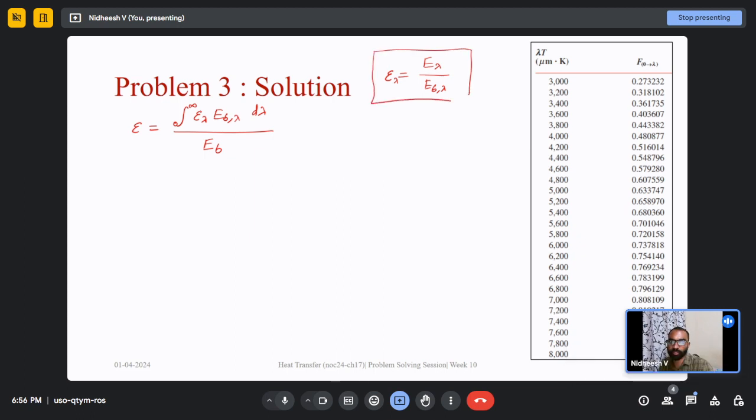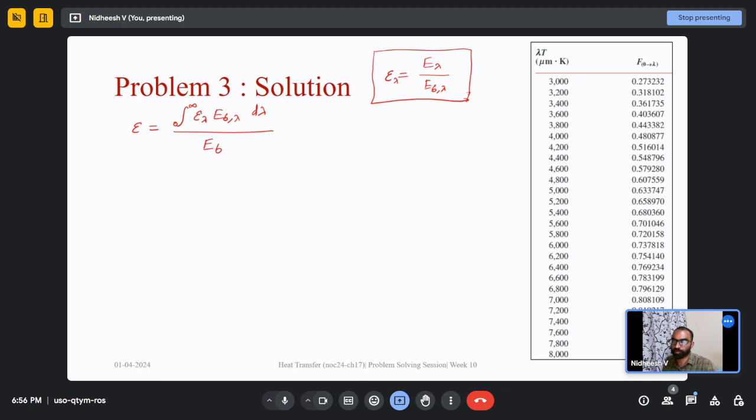The one in the square bracket is the definition of emissivity. Emissivity is equal to emissive power of a gray body or a real body divided by emissive power of black body. From that, now just come to this equation.